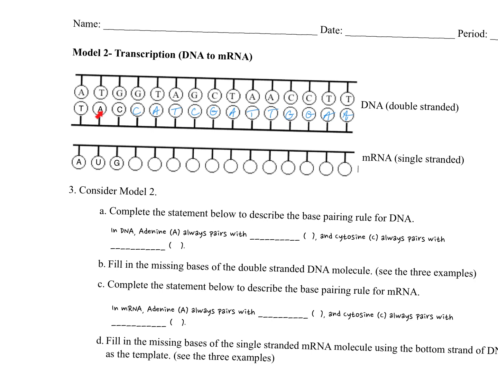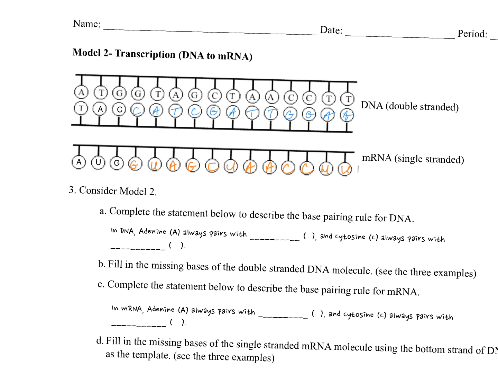We're reading T goes to A, A goes to U, not T. C goes to G. A goes to U. T goes to A. G to C. Matching, matching, matching.